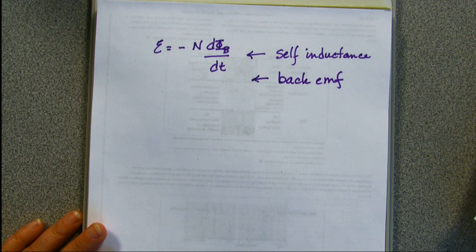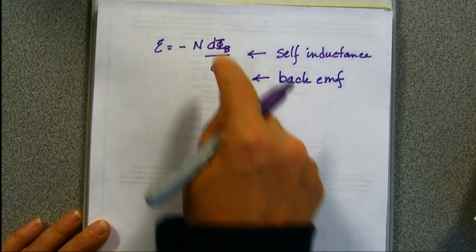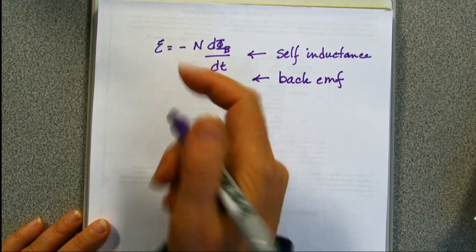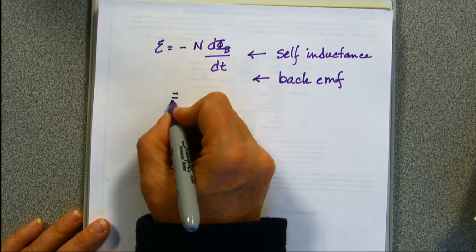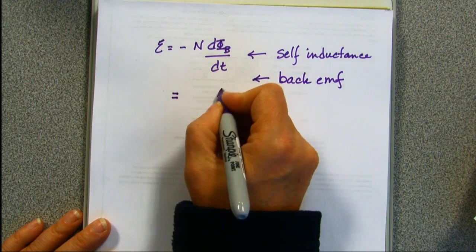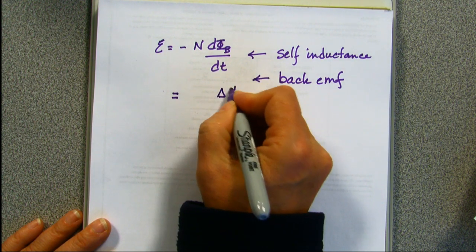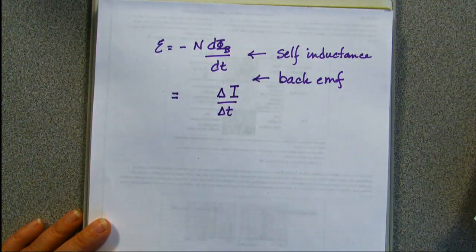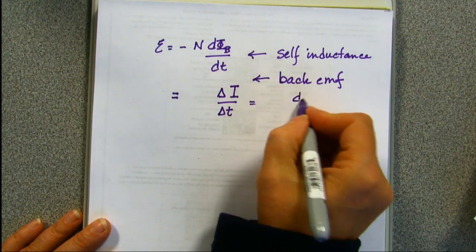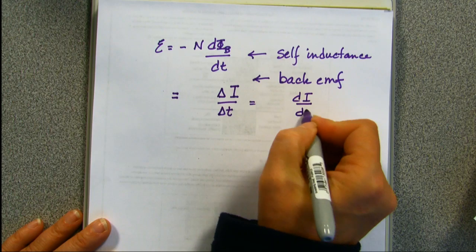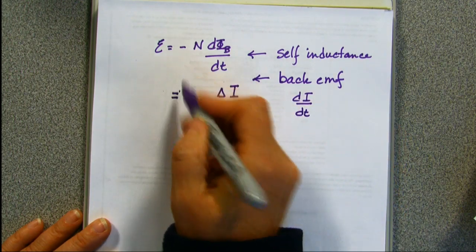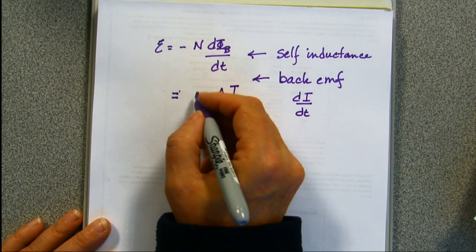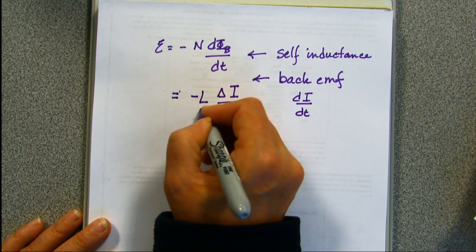Now, we can re-change this so that it's equivalent to a change in current with respect to time, or dI with respect to time. And we know that these things are proportional, so I'm going to define something called L.